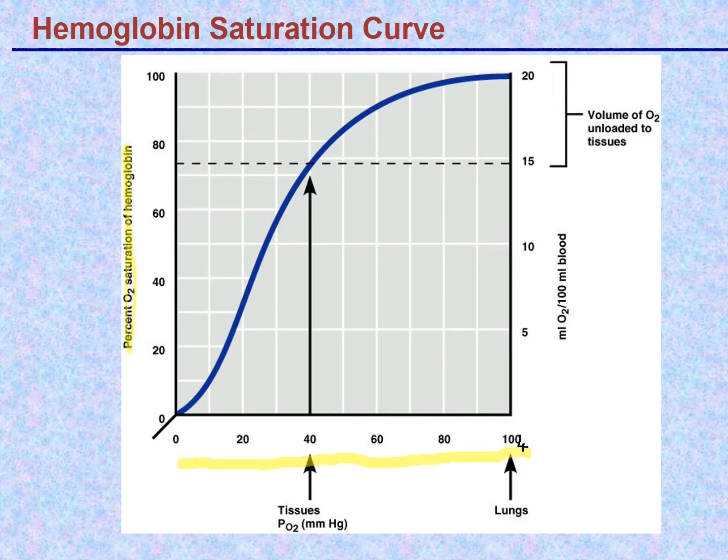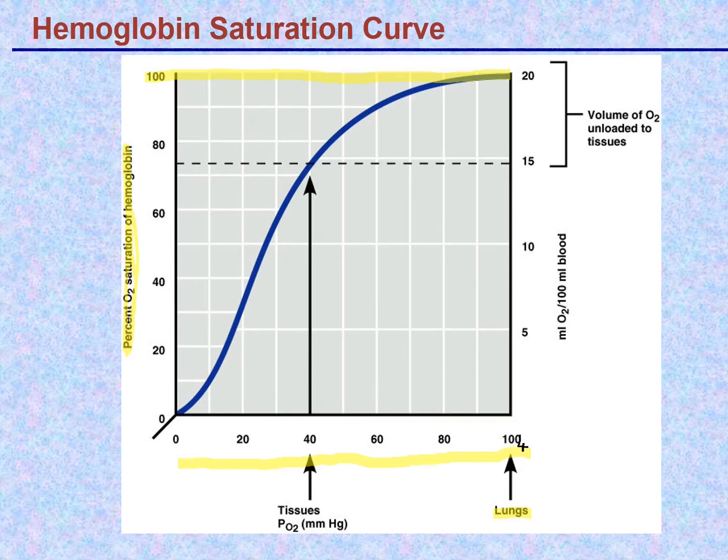Now, as you should know, when the blood carrying the hemoglobin in the red cells is in the lungs, it is 100% saturated with oxygen. It can't carry any more oxygen than that.